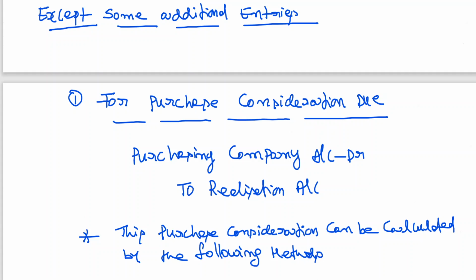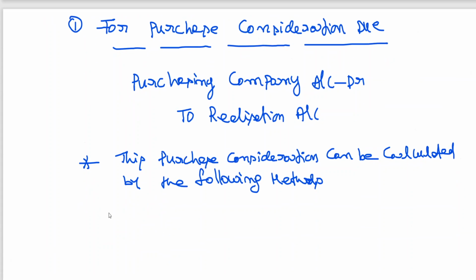Number one is net worth method, or it is also called net assets method.